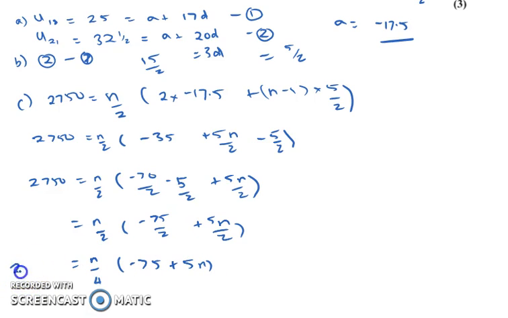If we multiply by 4, we end up with 11,000 equals minus 75n add 5n squared. We can divide everything by 5 and bring it all over to one side, and we get left with n squared minus 15n minus 2,200, which is exactly what we wanted in part C.